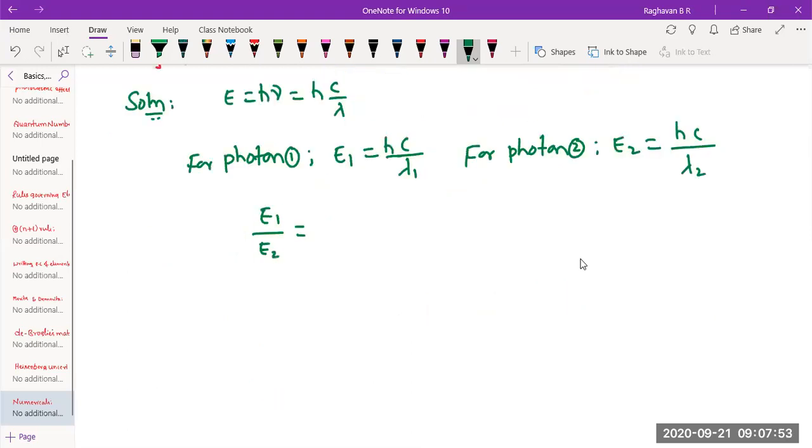E1 by E2 is equal to hc by lambda 1 into the reciprocal, lambda 2 divided by hc. Constants cancel. Lambda 2 divided by lambda 1, 800 divided by 400. So it is 2 by 1, 2. Therefore, when we compare, E1 is to E2 is equal to 2:1.